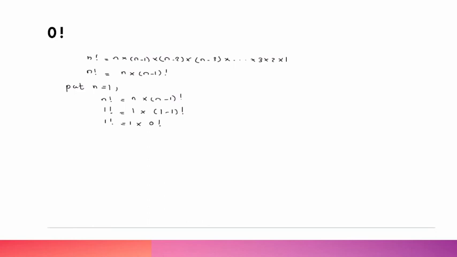Here we have known 1 factorial equals 1. So the equation becomes 1 equals 1 times 0 factorial.